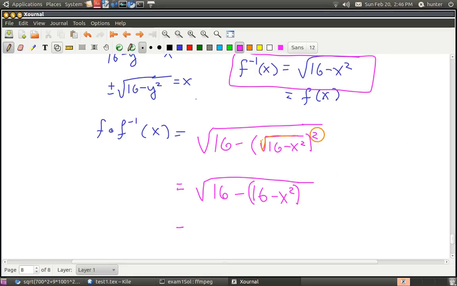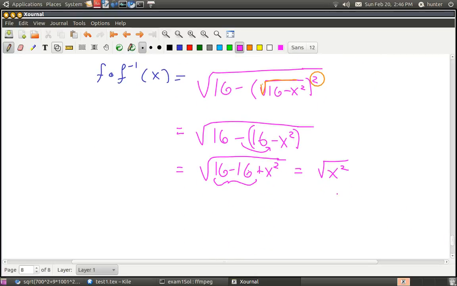So this is equal to the square root of 16 minus 16 plus x squared. So distributing that negative sign in here, that's what you get. And clearly, 16 minus 16 is 0, so I've got the square root of x squared. Alright, and this is just another way of saying the absolute value of x.